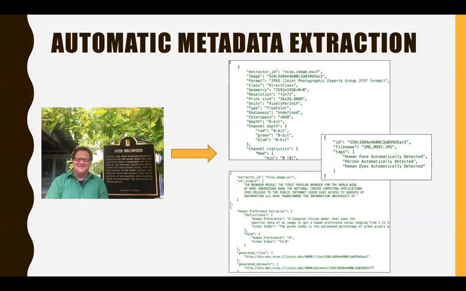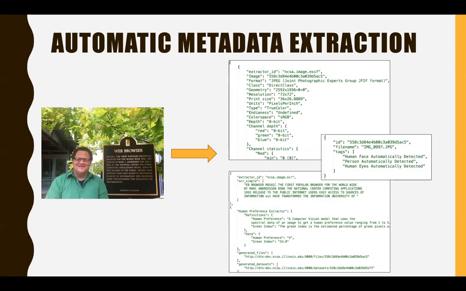And traditionally, this just happened automatically. So for example, if you would upload that image on the left, then what you would get on the right, depending on your Clowder setup, would be things like the EXIF information at the top with channel depth and resolution and color space. Perhaps you would get information about the fact that a human face was detected in this image.